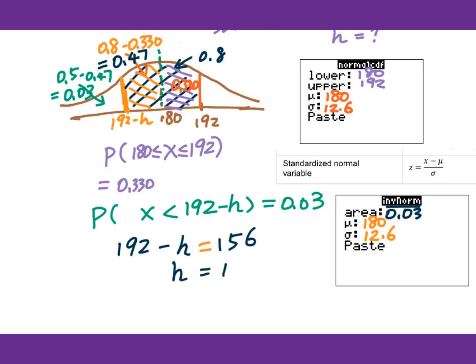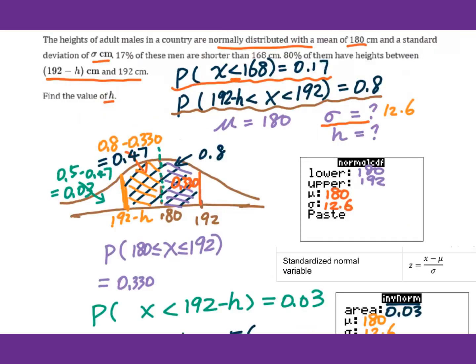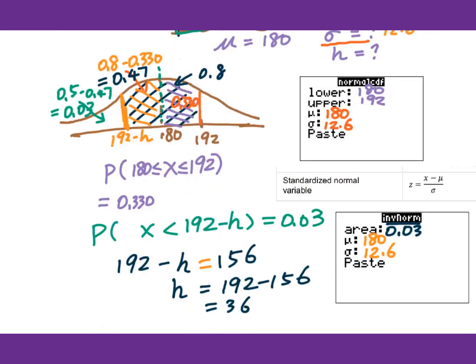Therefore, h equals 192 minus 156 equals 36. If you are given this kind of information, you have to sketch the graph and find some information that is probability x less than something, so that you can use inverse norm to get this k value.